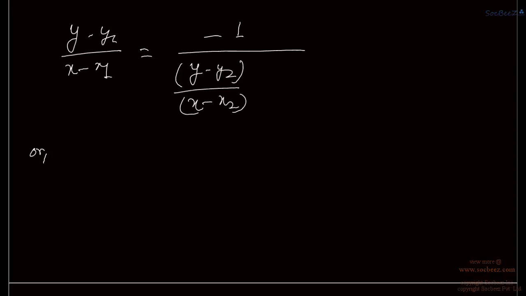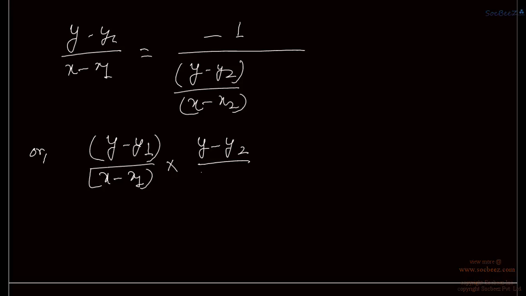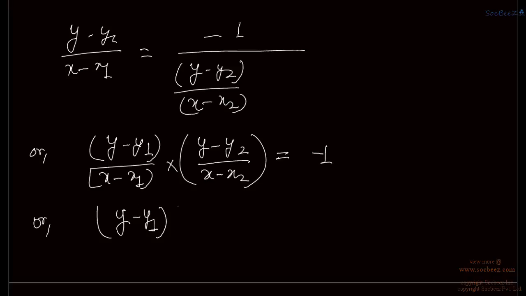So we can write it as (y minus y1) upon (x minus x1) into (y minus y2) upon (x minus x2) is equal to minus 1, or we have the relation (y minus y1) into (y minus y2) is equal to minus of (x minus x1) into (x minus x2).